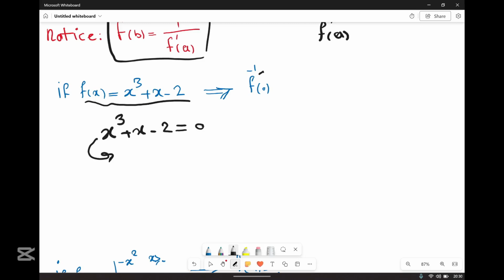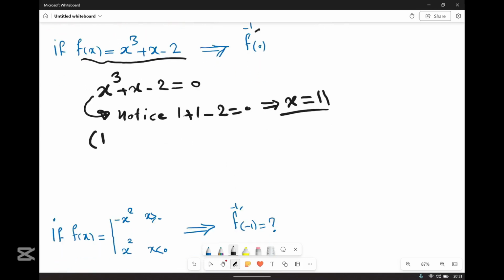So, if you're going to calculate this, I'm going to tell you a notice. In every equation, if the combination of coefficients is 0, I'm 100% sure one of the answers is 1. Here, 1 plus 1 minus 2 is 0. Therefore, one of the answers I'm sure is 1.